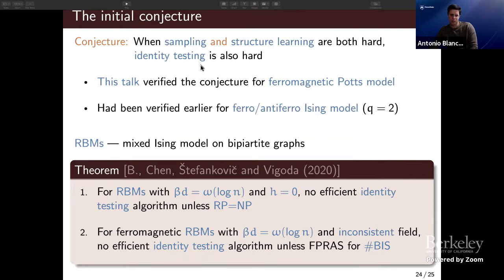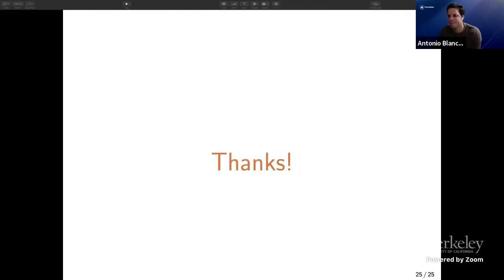And also in this work, as evidence that this approach seems robust for proving this type of results, we're able to show a similar result for RBMs. Essentially, we proved that for RBMs, whenever sampling or learning are hard, then we also get hardness of identity testing. Okay. Thank you.